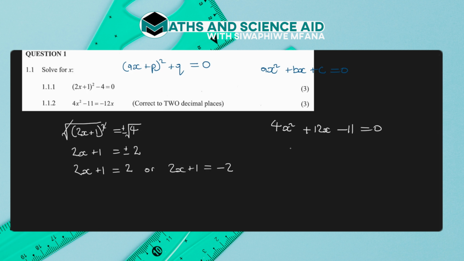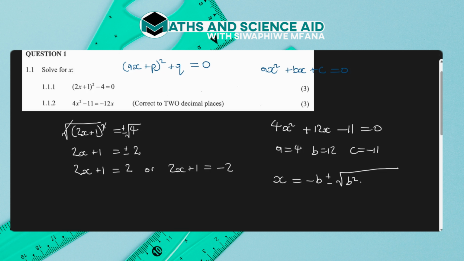So that's all that you need to do. And then after that, you can just easily see that a is equal to 4, b is equal to 12, and c is equal to negative 11. And you know that the quadratic formula is x equals negative b plus or minus the square root of b squared minus 4ac, all divided by 2a.